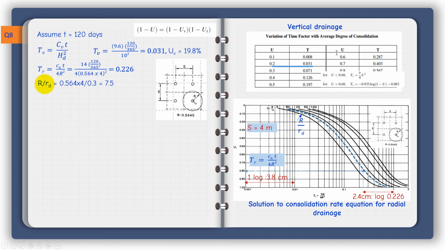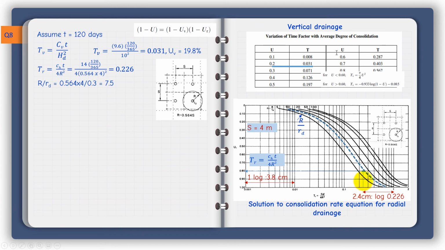So R over rd is 0.564 times the spacing, this is the virtual radius as a function of the spacing, times 4 divided by 0.3, it's 7.5. So the first curve is 5, the second curve is 10. So I can draw by eye, obviously, the dashed blue curve here.